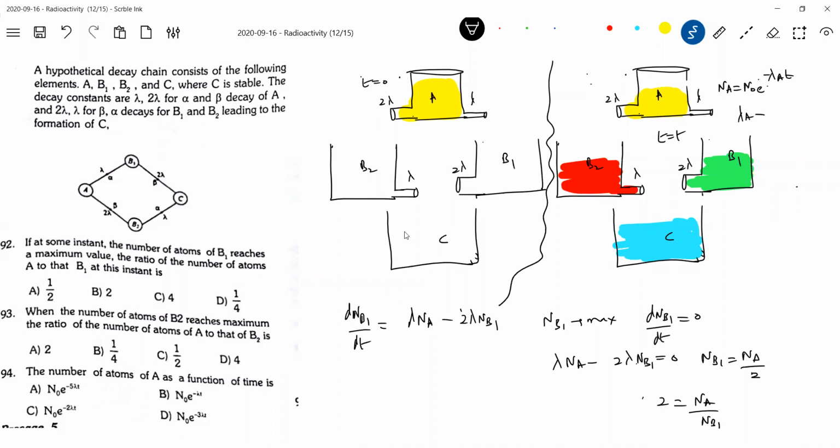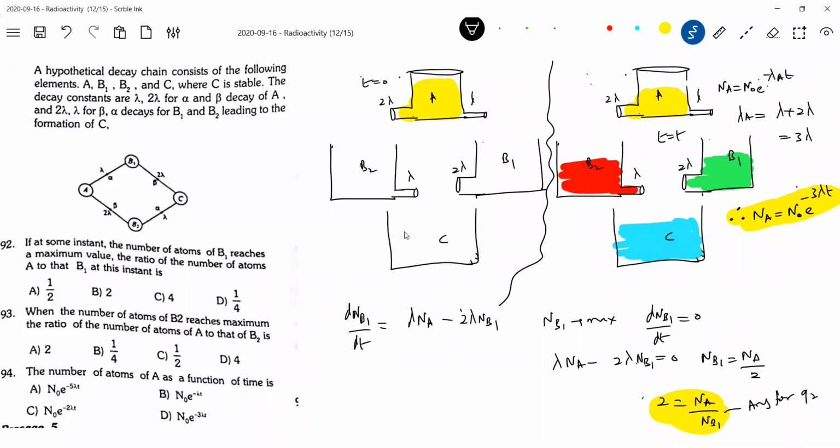Lambda A is lambda plus 2 lambda, which is 3 lambda. I think this is something very important. Do make observation. Okay, the question number 92 got over. So there's the answer for 92.